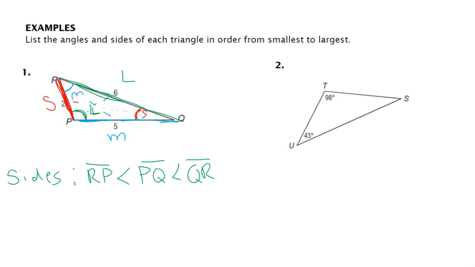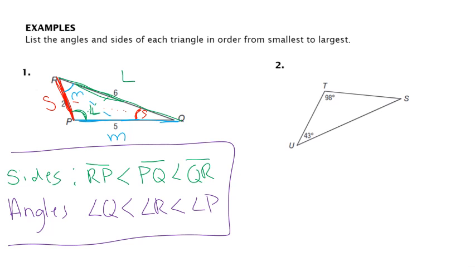If I do the angles now, the smallest angle we said was angle Q, then it would be followed by angle R, and finally by angle P. And this would be your final answer.